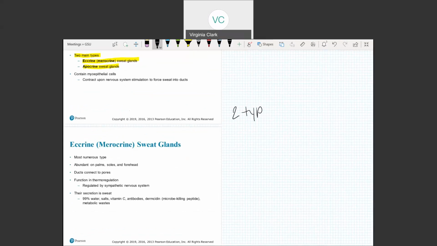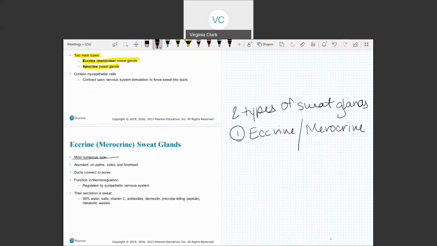So there's two types of sweat glands. First type is the eccrine or the merocrine sweat glands. This is the most numerous. These are going to be abundant. They're found on the palms of your hands, soles of your feet, and your forehead.